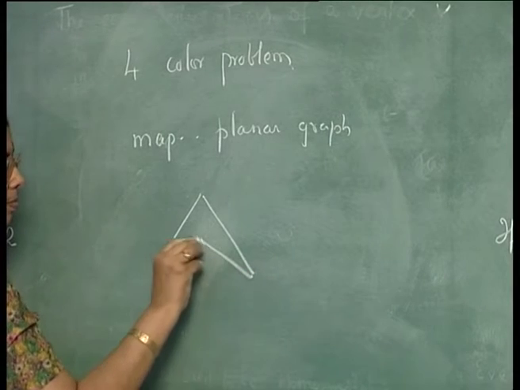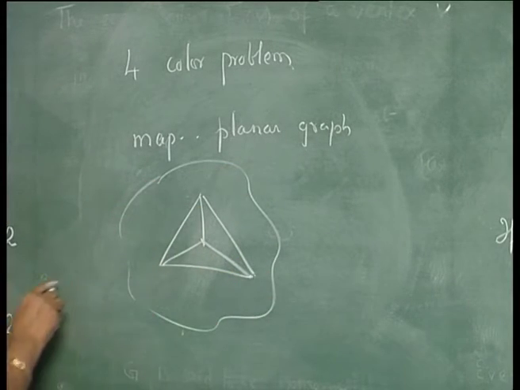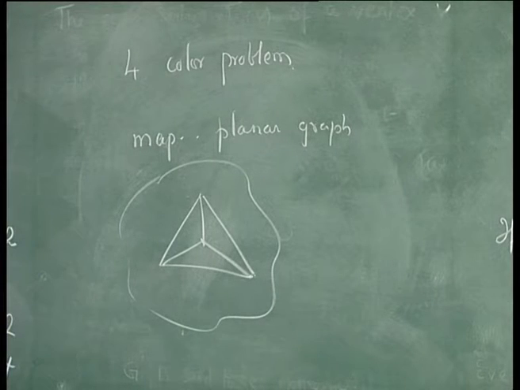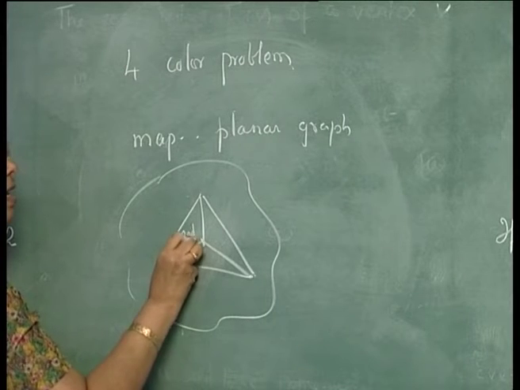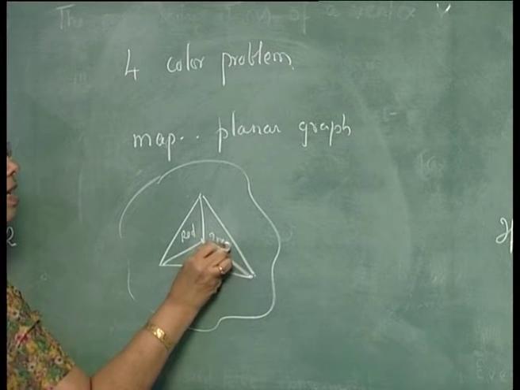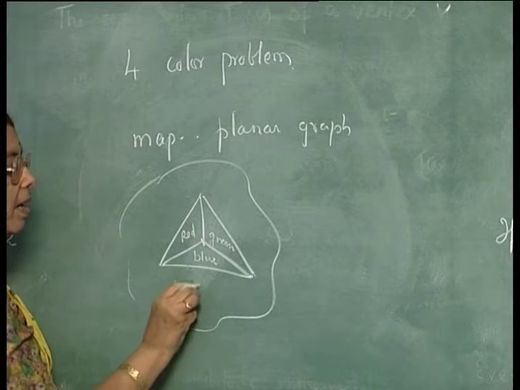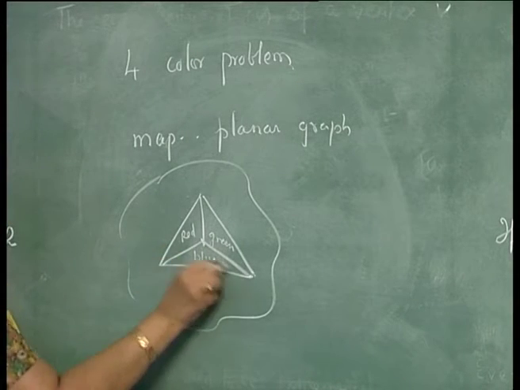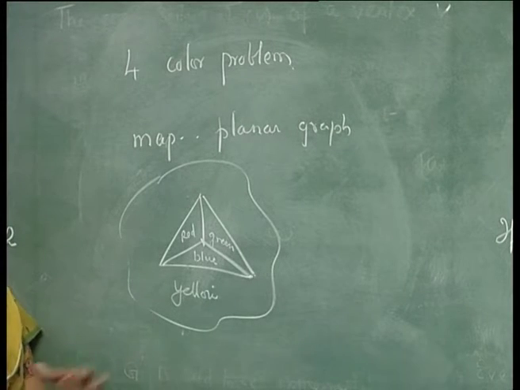Each region I can color with different colors. For example, you can use red here, green here, blue here, yellow here. You can color this with blue, you can color this with red, and you can color this with green, and so on.